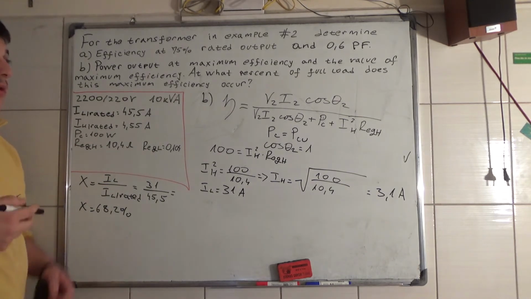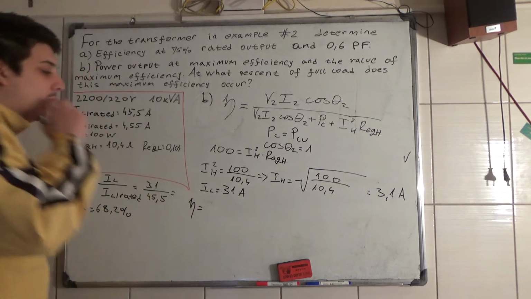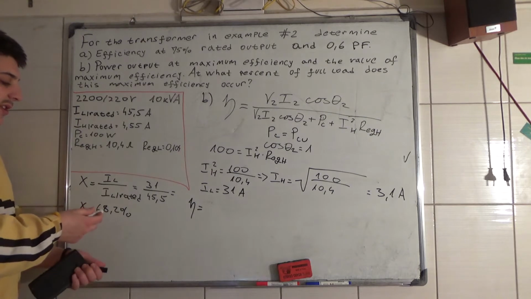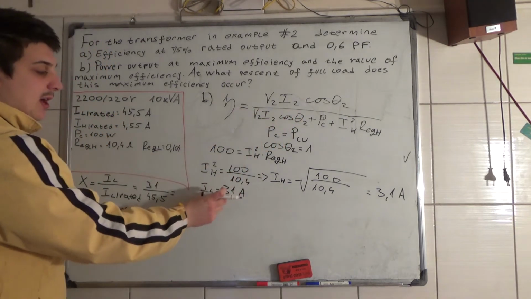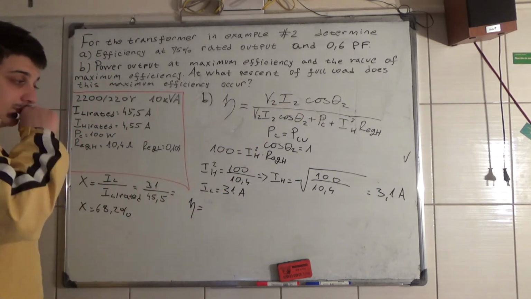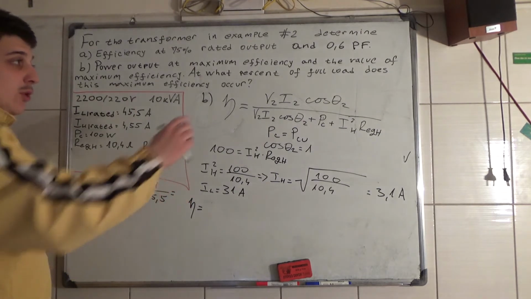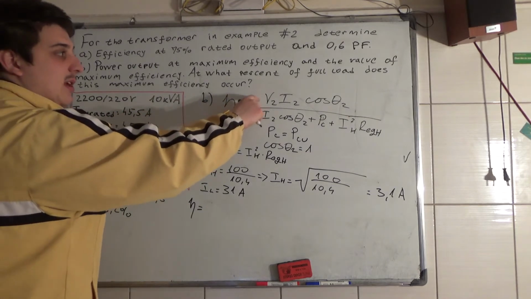And let's see what that efficiency is. Now, we're not going to say 0.682 times V2 I2. We can just put IL instead of I2. But if you use 45.5, then you have to use 0.682 here.